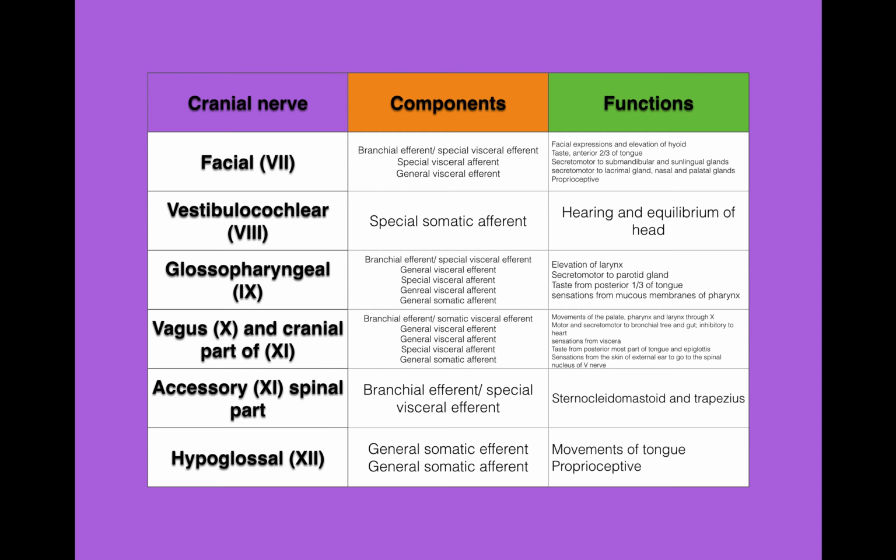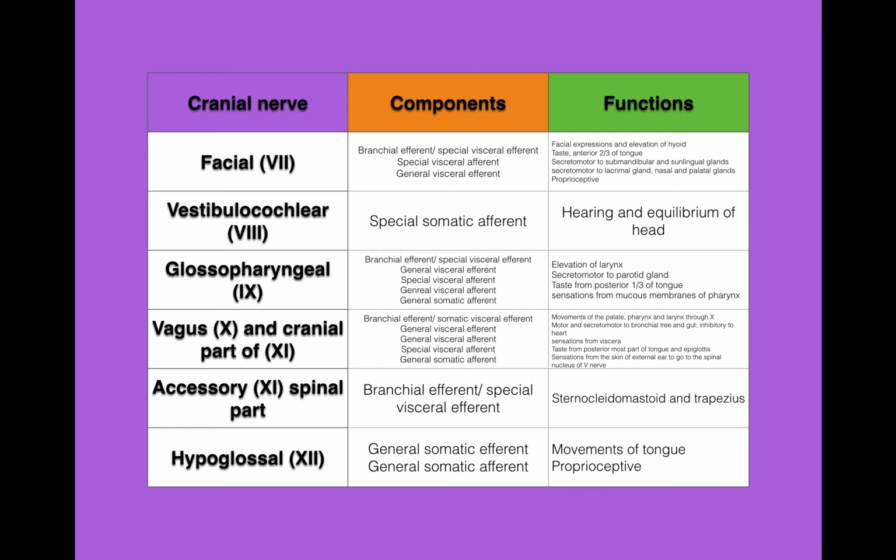And then we have the vagus and the cranial part of the accessory nerve, which has branchial efferent, general visceral efferent, general visceral afferent, special visceral afferent, and general somatic afferent components. And then the functions are movement of the palate, motor and secretomotor to bronchial tree and gut. And then we have sensation from the viscera and taste from posterior most part of the tongue and the epiglottis, and then sensations from the skin of the external ear as well.